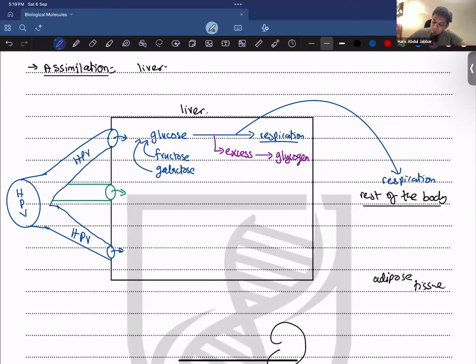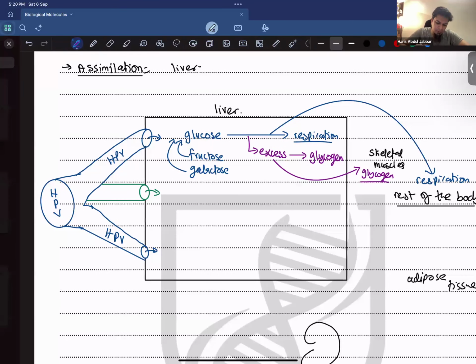Where else will this excess glucose go? It is also going to go into the skeletal muscles, right? This excess glucose in the liver and in the skeletal muscles is going to be stored as what? Glycogen. Is it making sense?